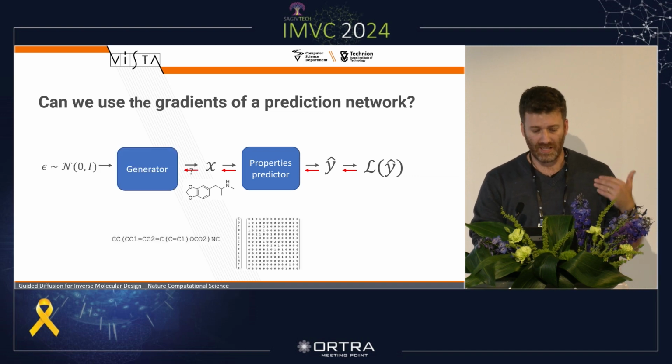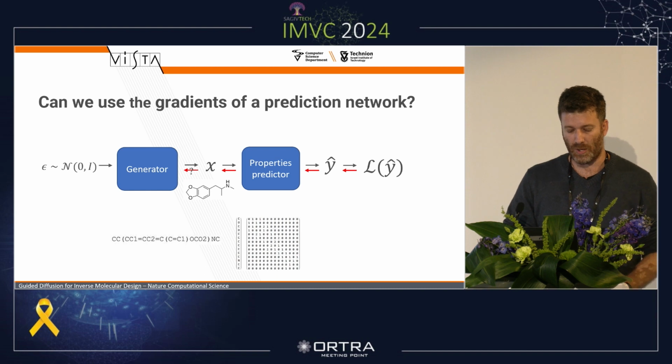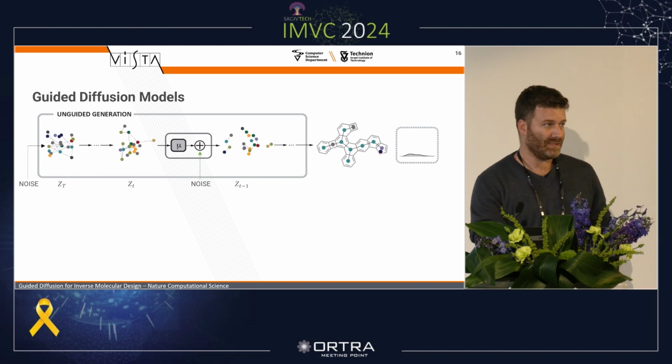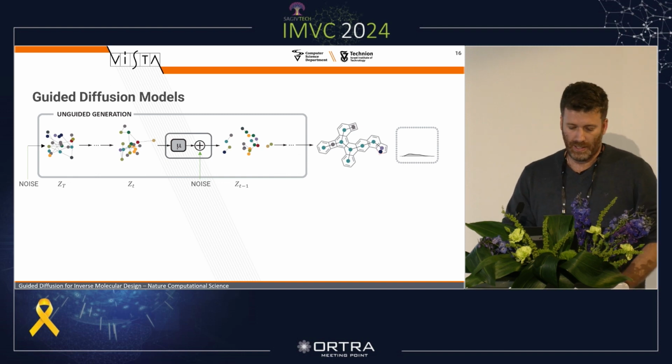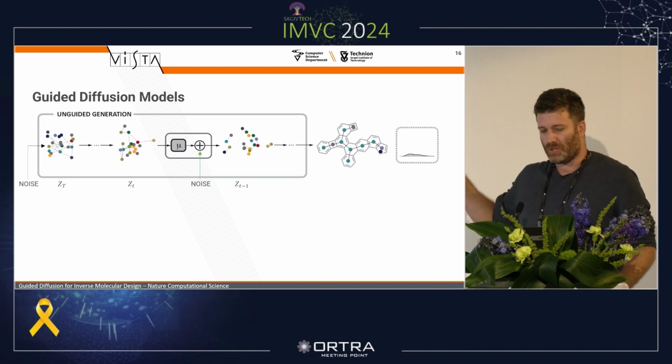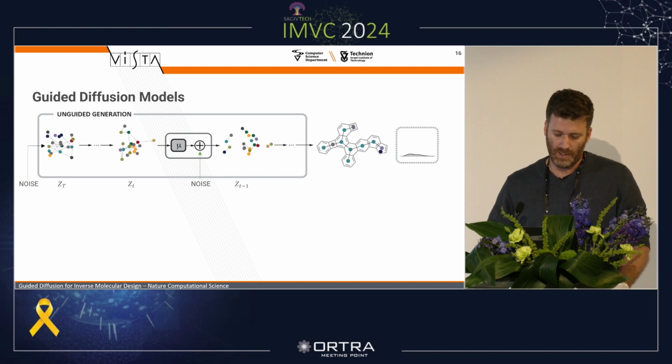So we suggest to take it even further and change the way we create the molecules. And for doing that, we used an off-the-shelf guided diffusion model. In a diffusion model, you input noise, and at each iteration, you clean it a little bit until you output a valid molecule.